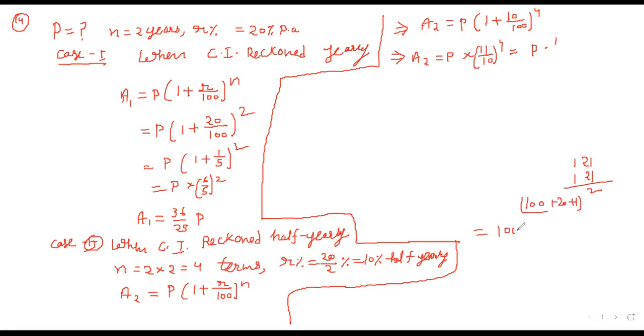A square plus B square plus C square plus 2AB, 4000, again plus 2BC is 40, plus 2CA is 200.